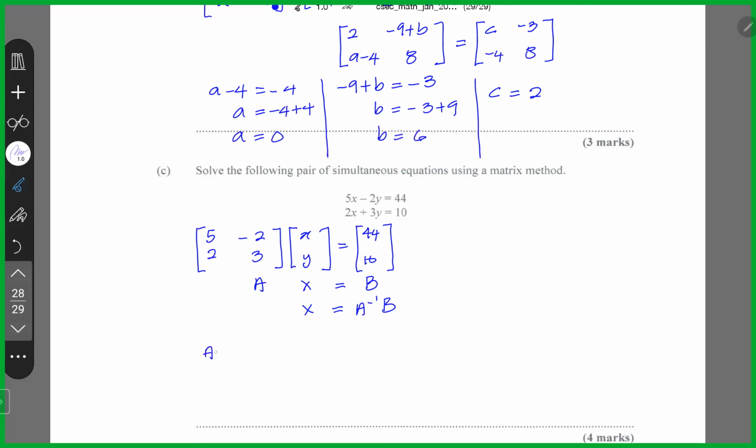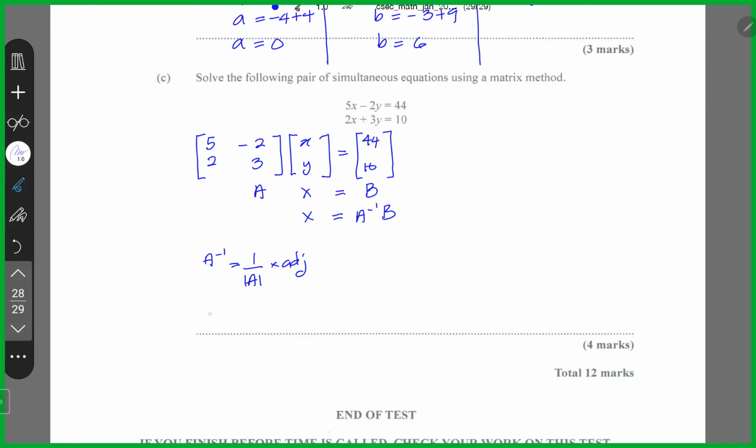Now, A inverse is equal to 1 over the determinant of A times adjoint A. The determinant of A is 5 times 3 minus 2 times 2. This is 15 plus 4. The determinant is 19.